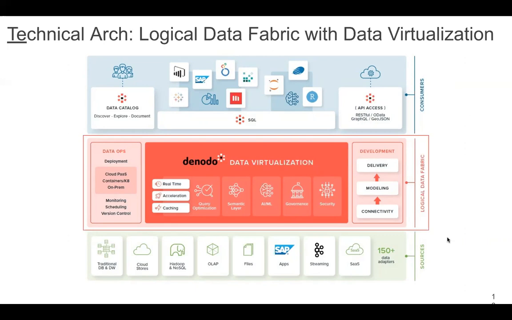I just mentioned in the slide above query optimization. Query optimization is, as I said, a secret sauce that allows the data virtualization layer to access the data in a much more agile way.